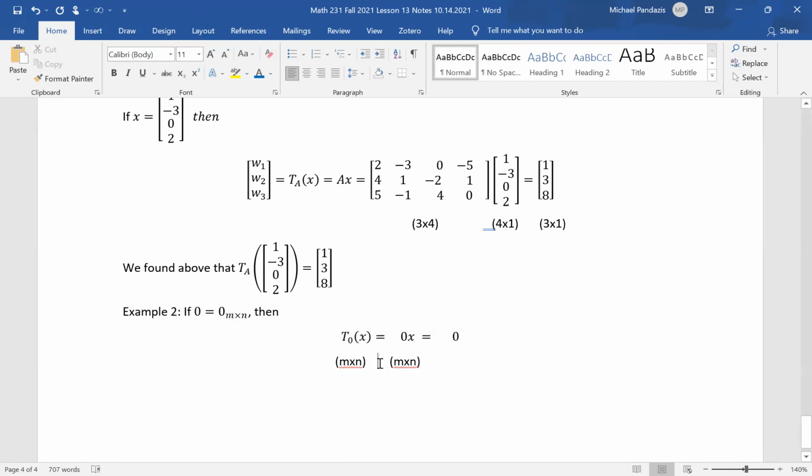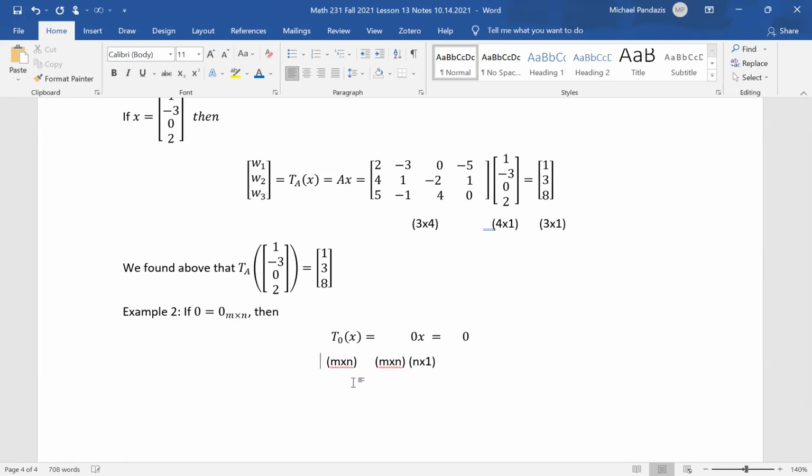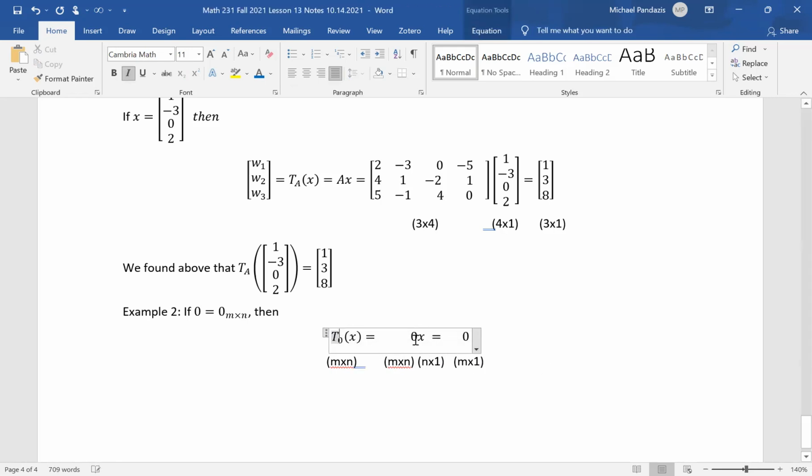Now, when you output it, you're multiplying this m by n matrix by x, and x here is an n by 1 matrix. The inner entries are the same, so you can multiply the two together. But the output vector is m by 1. So even though the symbol 0 is being used three times, the first two times it's m by n, and the last one it's m by 1.